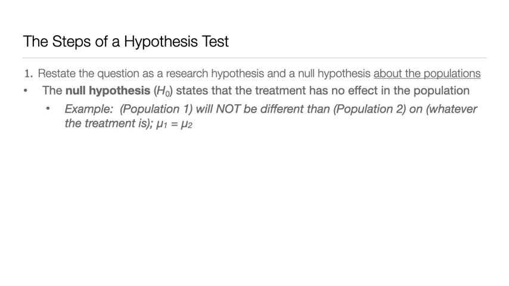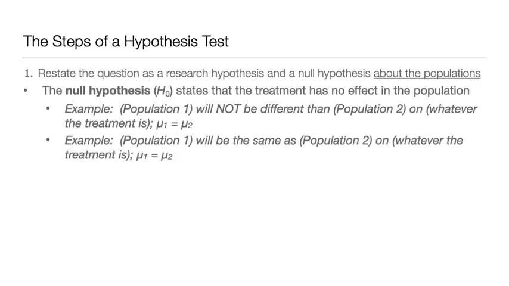And in this situation, we'd say mu1 is equal to mu2 because there's not going to be a difference. We could also write that as population 1, whatever they are, will be the same as population 2, whatever they are, on whatever the treatment is, right? So these are kind of templates that you can use and fill in the blank with that information about who's the population and what we're looking at the comparison for.